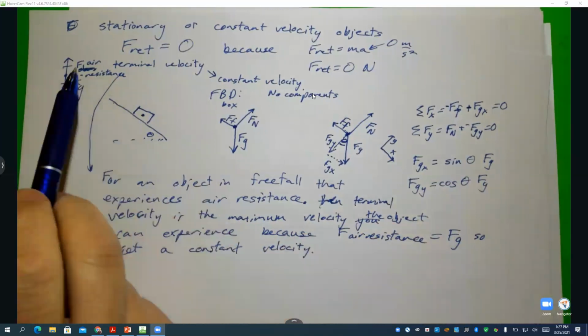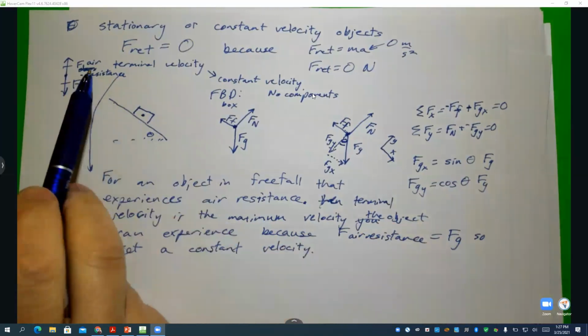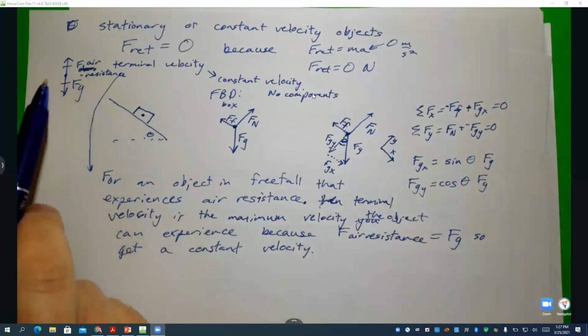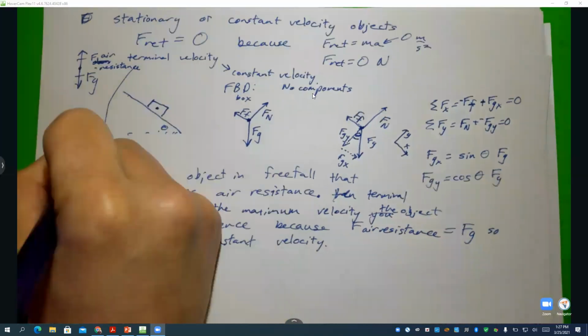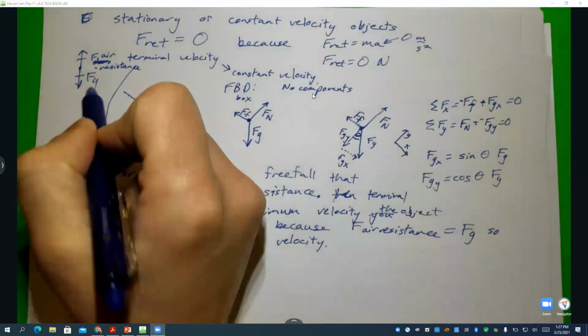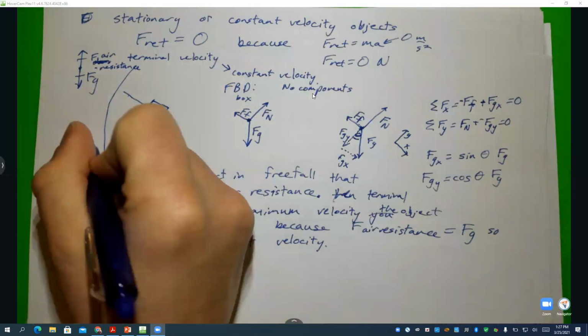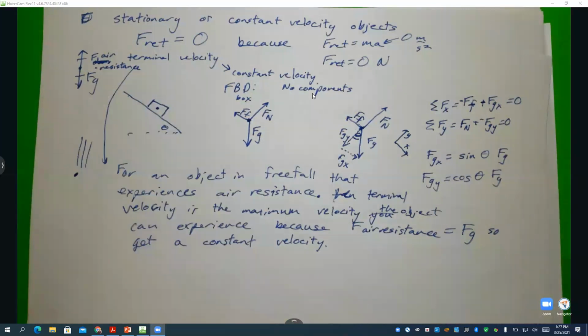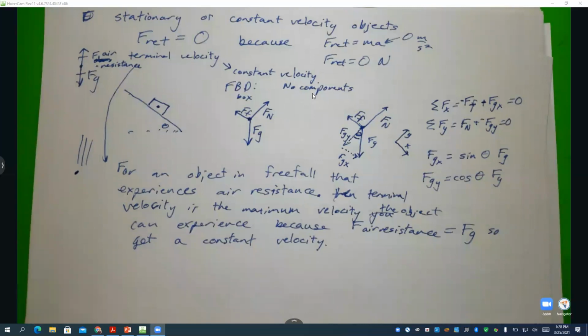Faster things have more air resistance. So there is a point at which if something is falling, eventually it's going to be moving fast enough that its air resistance equals its force of gravity. Does that make sense? I didn't hit it hard, but it's just a little thing that you can know. Okay. Any other questions?